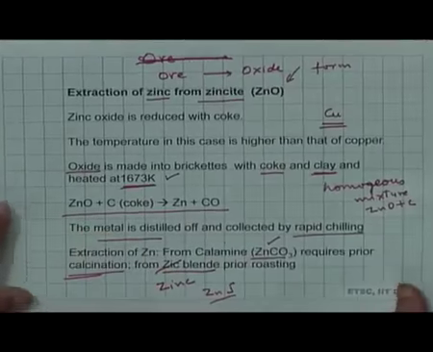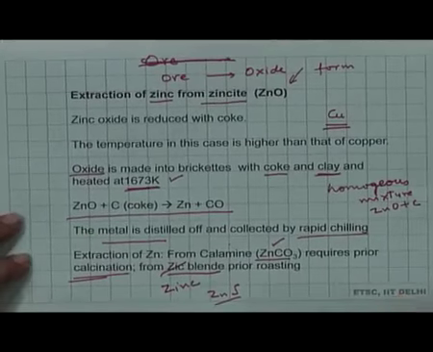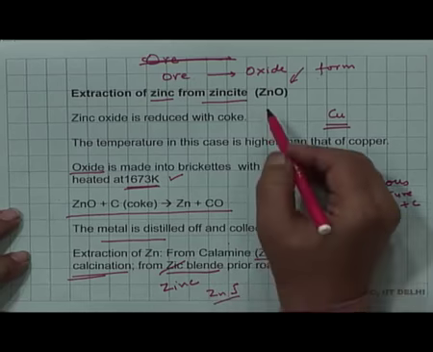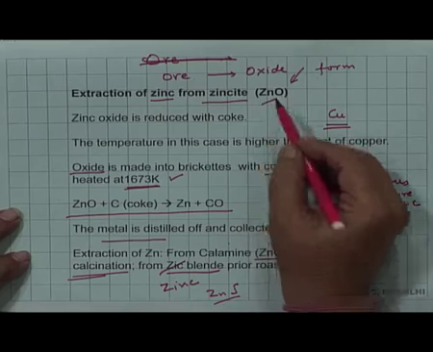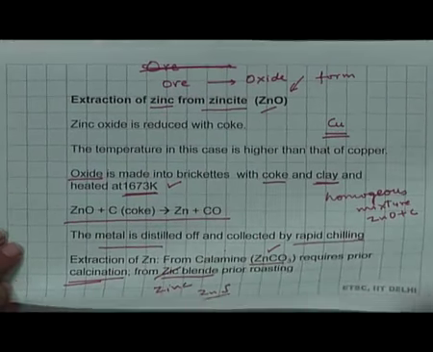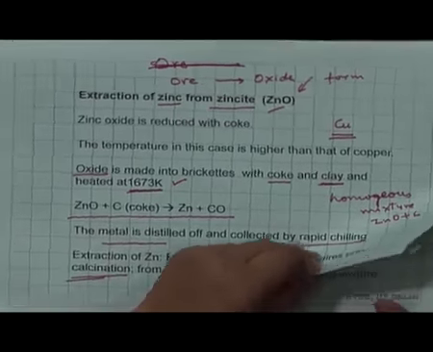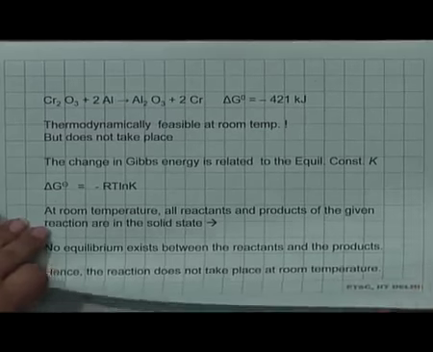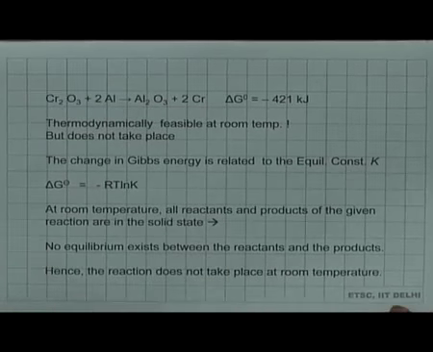And once these ores, calamine or zinc blende, are converted into zinc oxide, the same procedure can be used for extracting zinc from the zinc oxide.